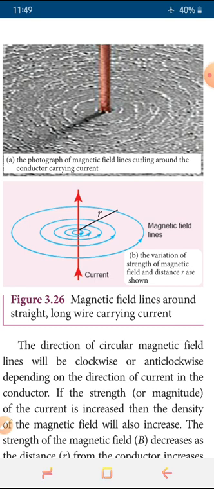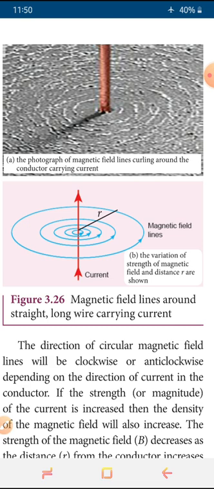The current reverses, the magnetic poles also change. When the strength of the current is more, the magnetic field surrounding the conductor is also more. This is clearly explained in figure 3.26a. Then 3.26b is explained: the current is flowing, and here the magnetic lines direction is anti-clockwise.